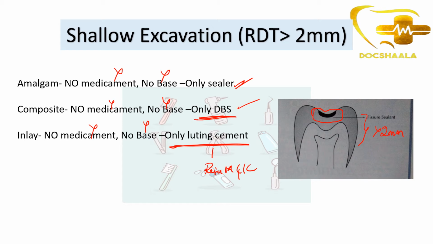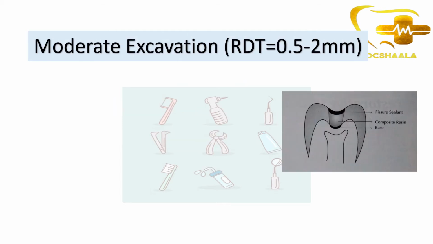Then moderate excavation. Coming back to this image, you can see that there is an excavation of a moderate amount of enamel and a moderate amount of dentin. So the remaining dentin thickness is 0.5 to 2 mm.